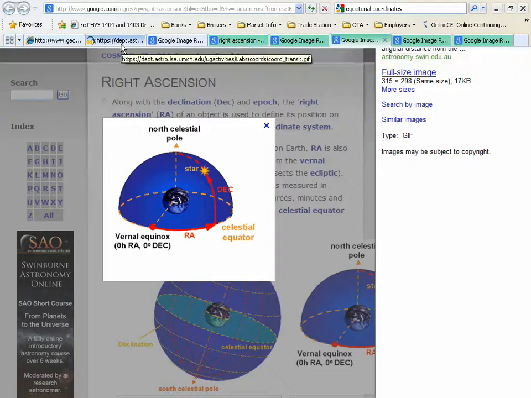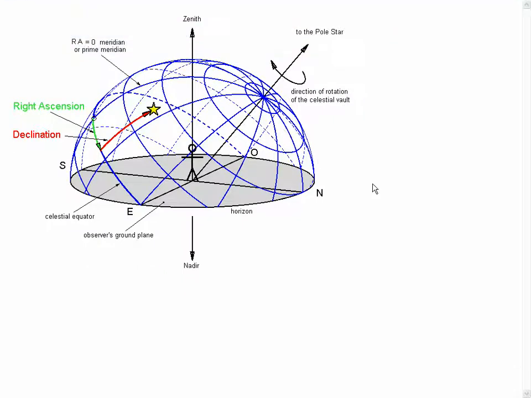Now what I wanted to show you here is that the two systems, the dark blue here, is the celestial coordinate system. And where's our zenith? There's our zenith. Here's north, and here's south.